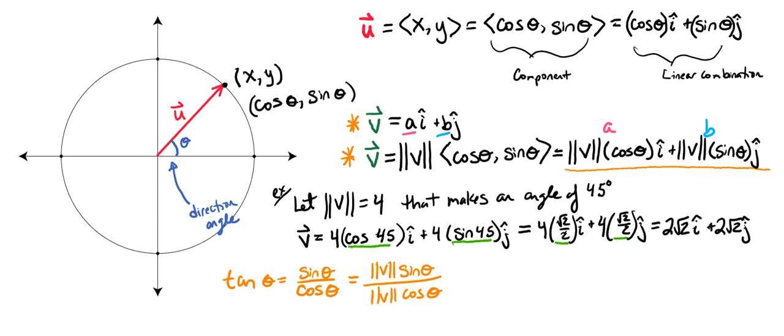And so we're able to just rewrite this as b divided by a, and that will help give us our theta. And from there we would just take the inverse tangent of b over a, and that would give us our theta.